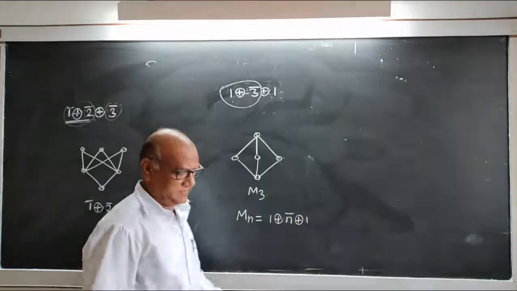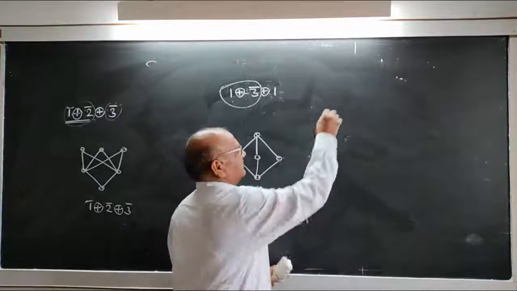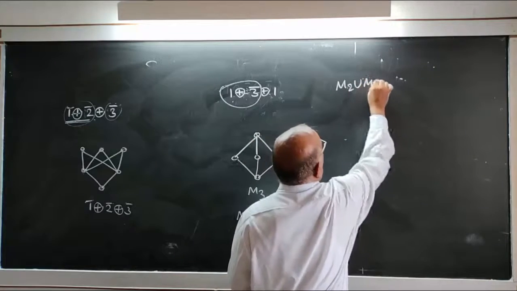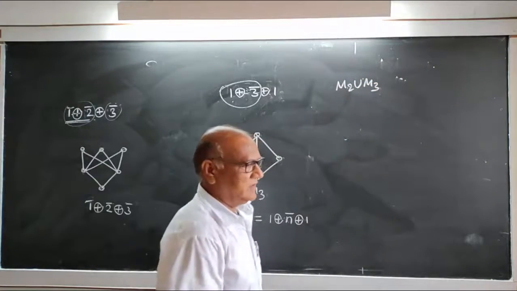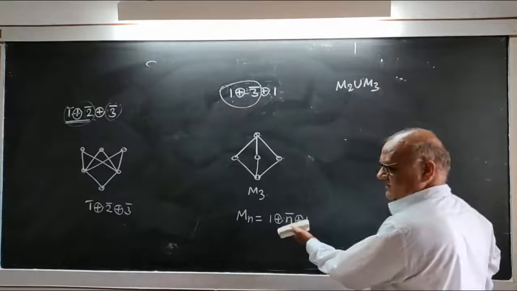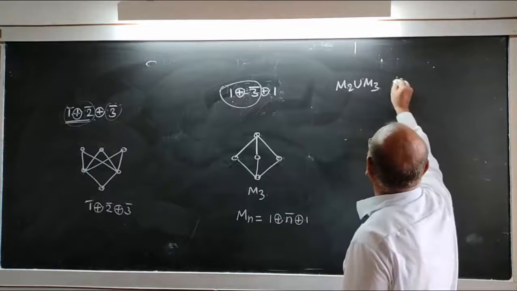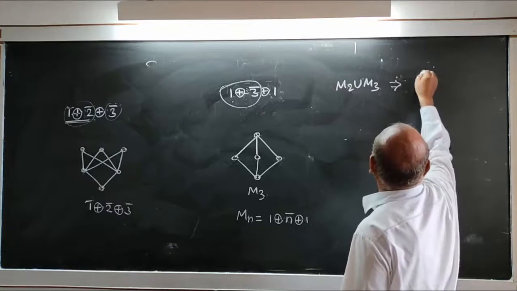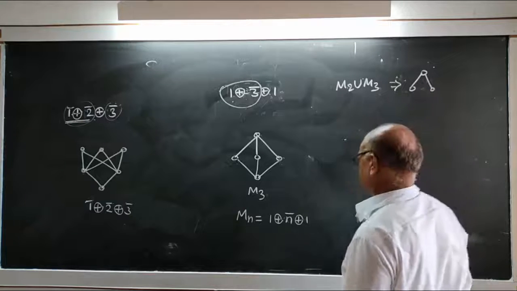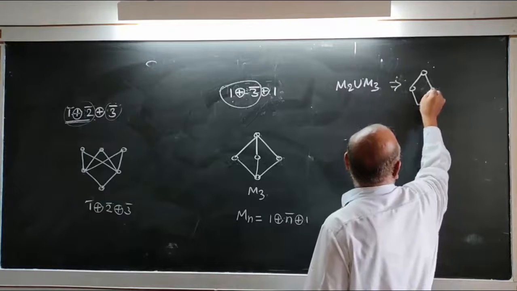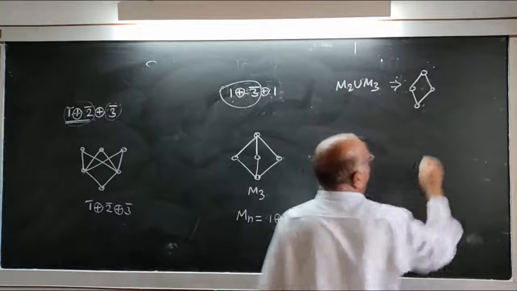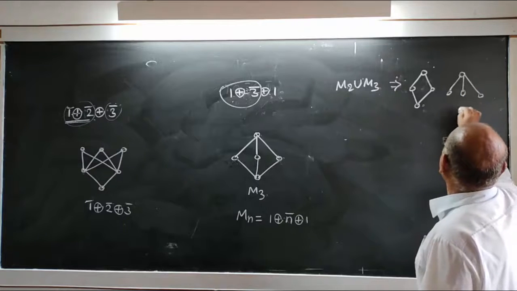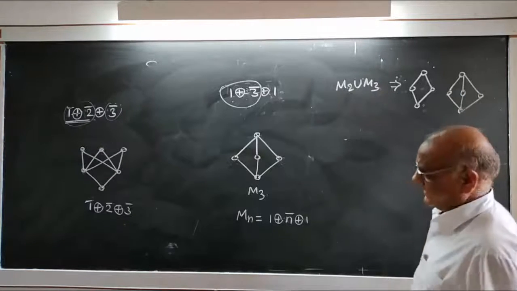Okay. Now see here, M2 union M3. From the definition, M2 is this, and M3 is this way.